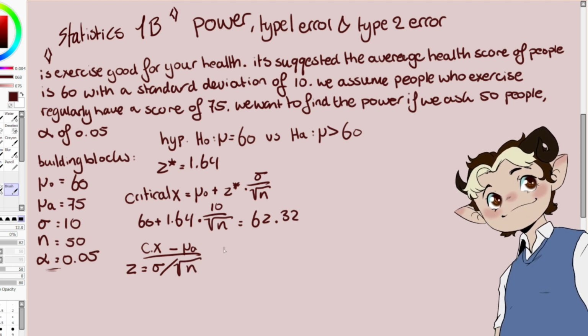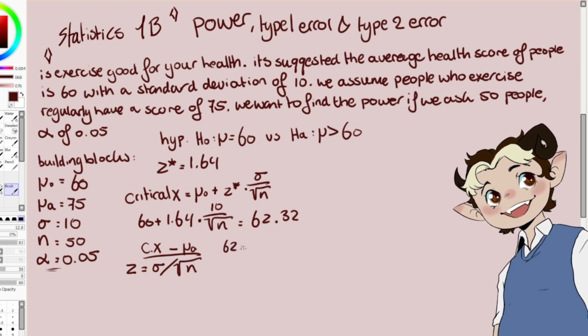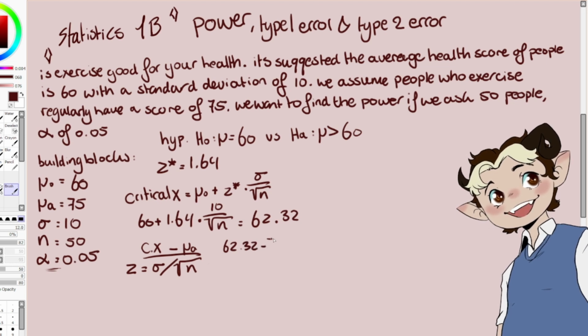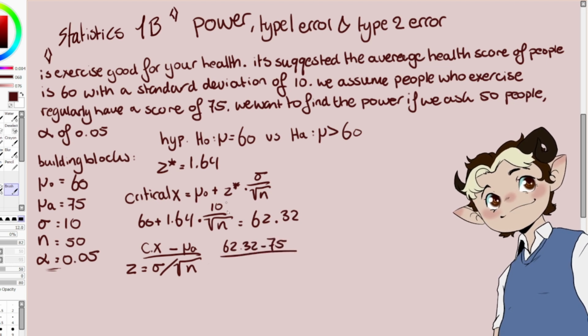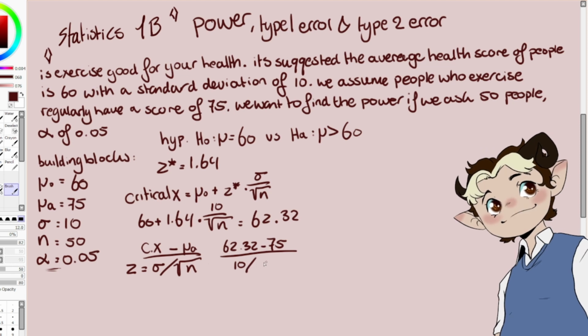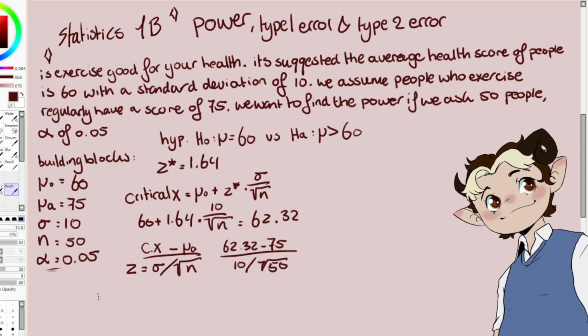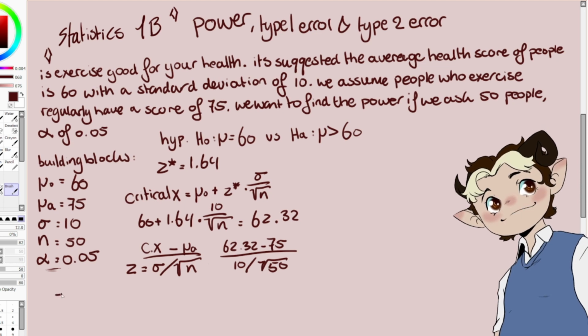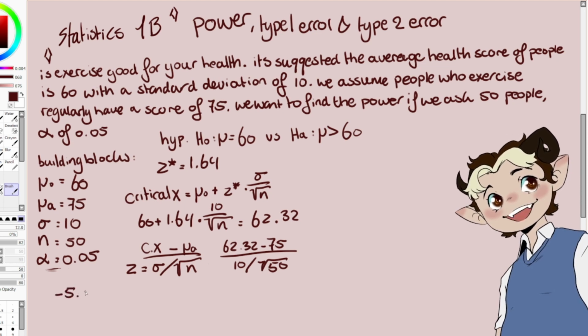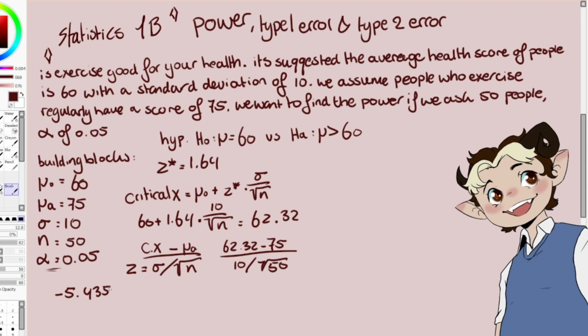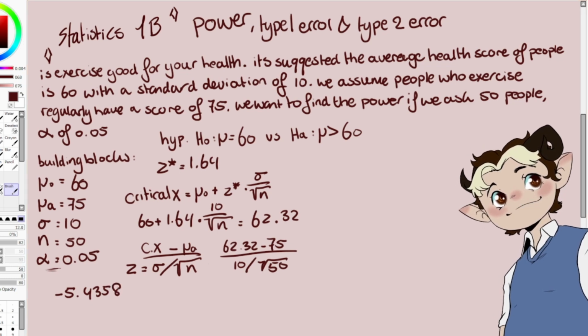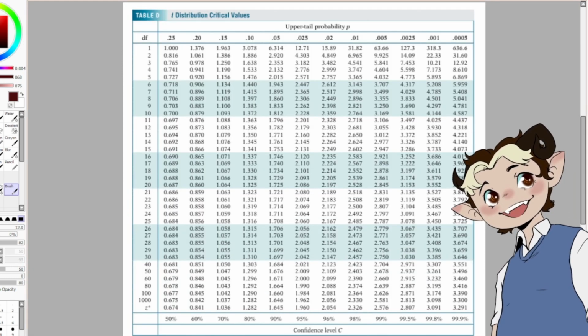So we plug in 62.32 minus 75 divided by 10 divided by the square root of 50. And from that we get minus 5.4358.